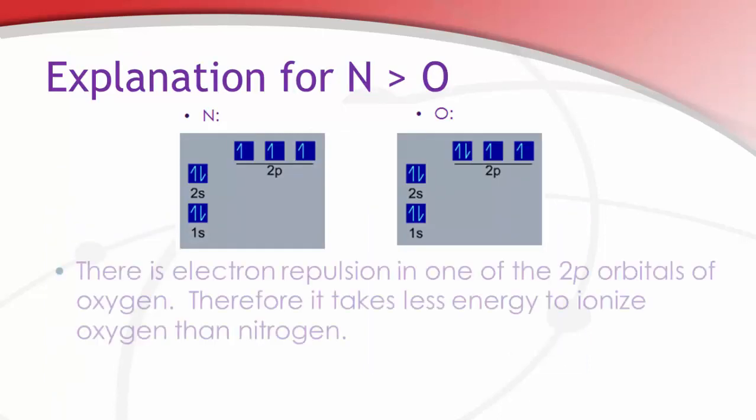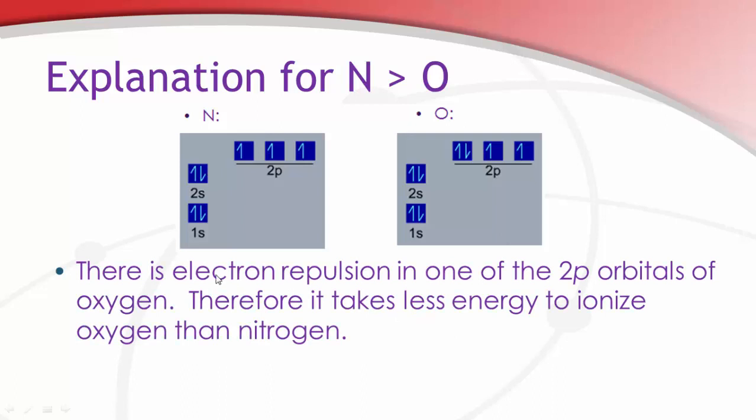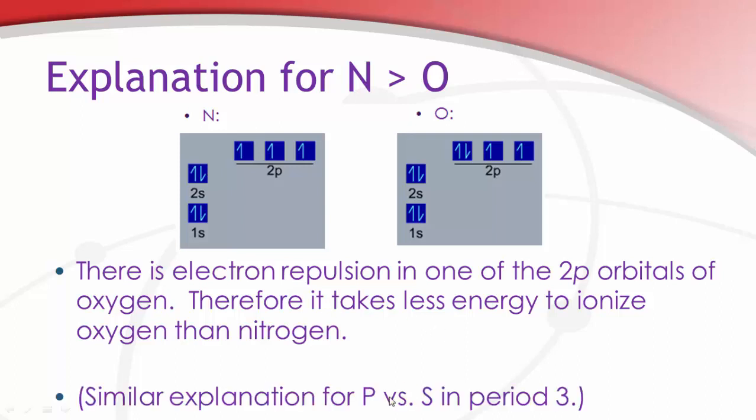What we have in this case is actually repulsion between the 2 negative charges. Remember, like charges repel each other. Because those are occupying the same space in the 2p orbital, it takes a little less energy to pull that electron out of that orbital because the other one's kicking it out. And phosphorus and sulfur have a similar explanation if you have a look at their electron configurations.